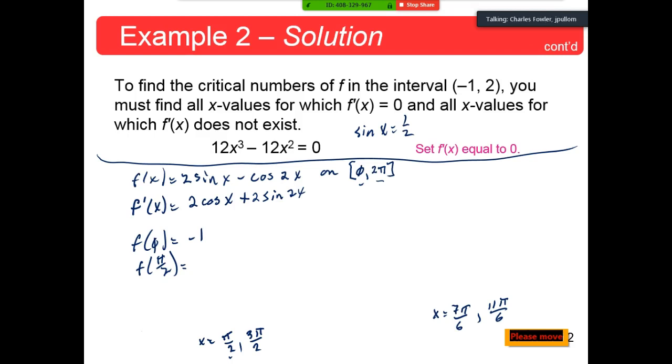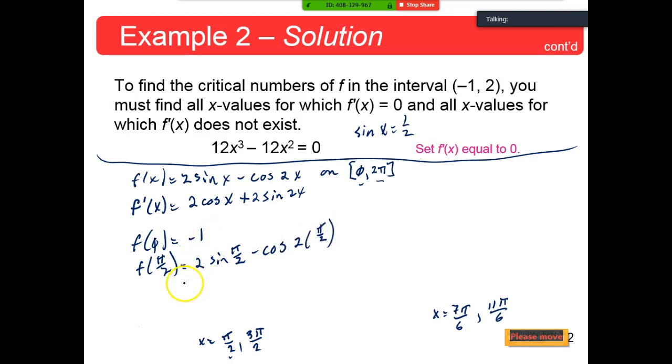All right, that's going to be a 2 minus, now what's 2 times pi halves? Pi, okay. And what's cosine of pi? Okay, let's write it out. This is 2 times the sine of pi halves minus cosine of 2 times pi halves.